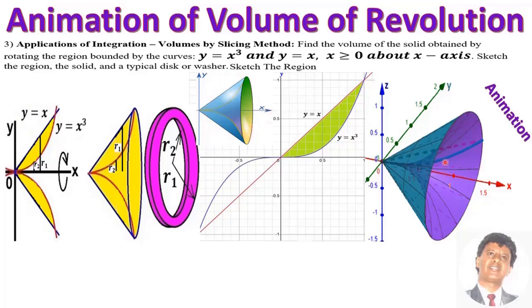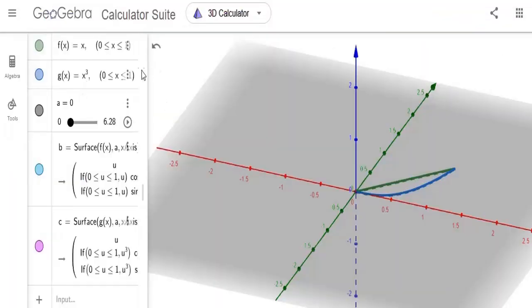And this is the animation that we're going to look at. This animation has been designed. Okay, here is the first animation. y equals x is the top curve, and y equals x cubed is the bottom curve. And it is rotated around the x-axis.